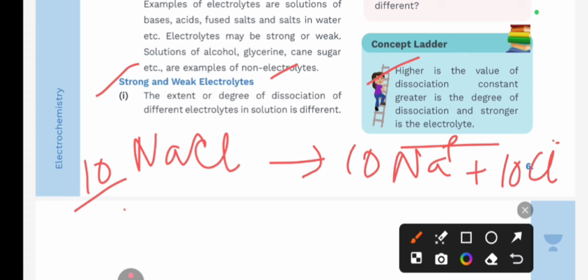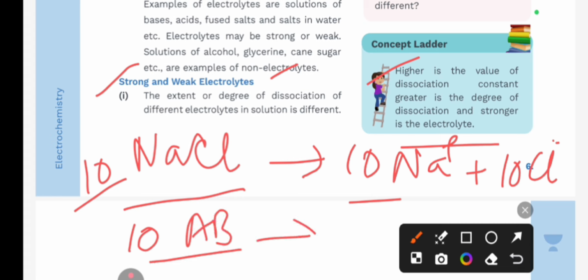Then all molecules have broken, so it is a strong electrolyte. If you take any other compound, suppose AB, 10 molecules taken but only 6 have dissociated, 4 are left, so it is a weak electrolyte.